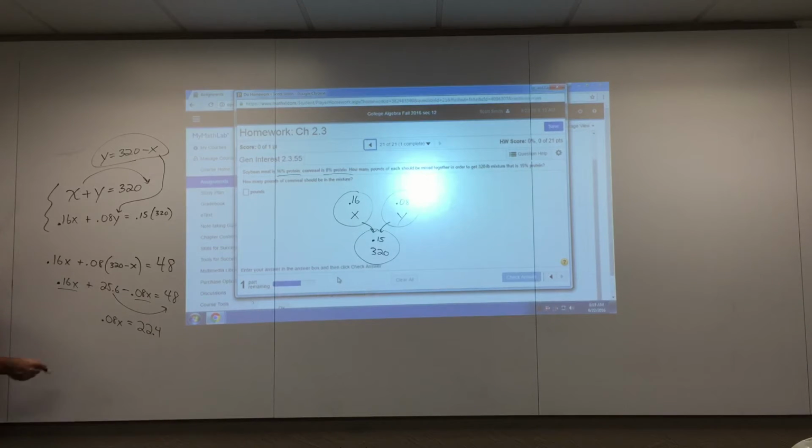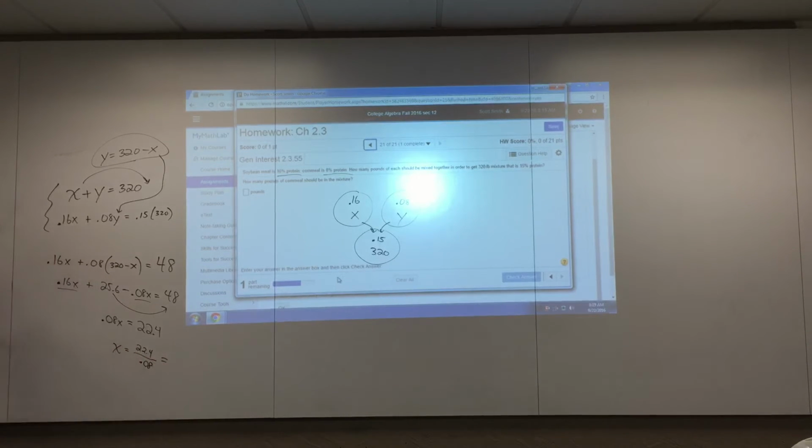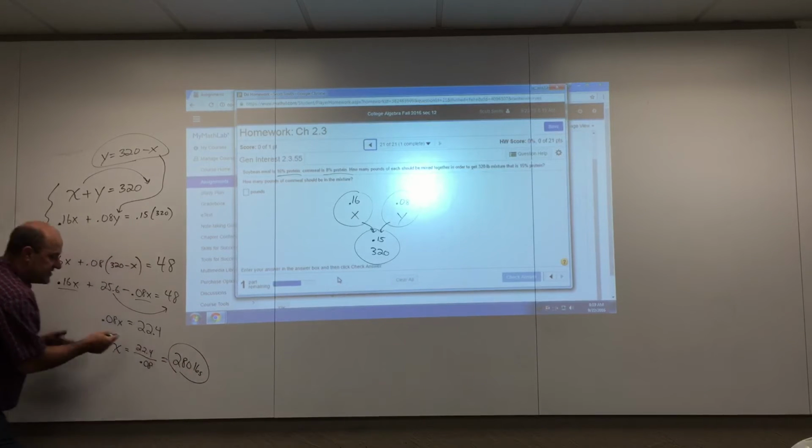Now the brain is slower than the calculator. Please help me divide. 0.08x is 22.4, so x is 22.4 divided by 0.08. The brain is slower than the calculator in this case. And the answer is? 280. Good, thank you very much. 280 pounds of the x stuff.